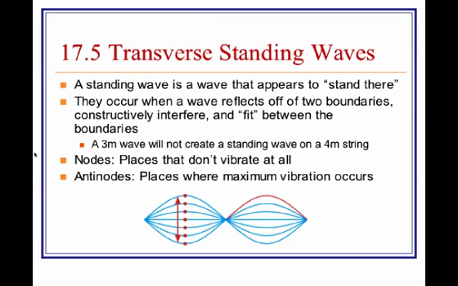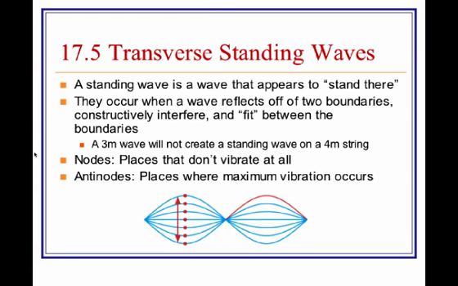Standing waves, as we've seen, are waves that reflect back on themselves and cause constructive and destructive interference within a confined space. It just happens due to their wavelength and frequency that they fit and interfere with each other within this confined space.